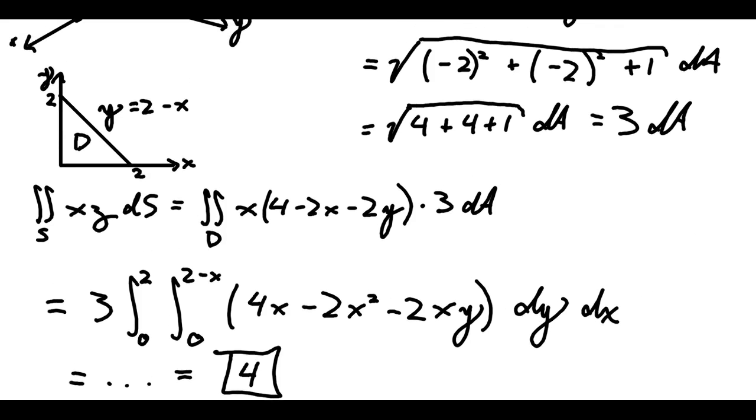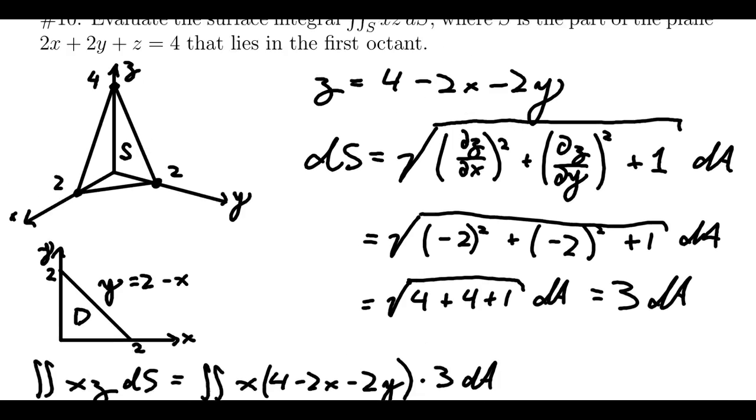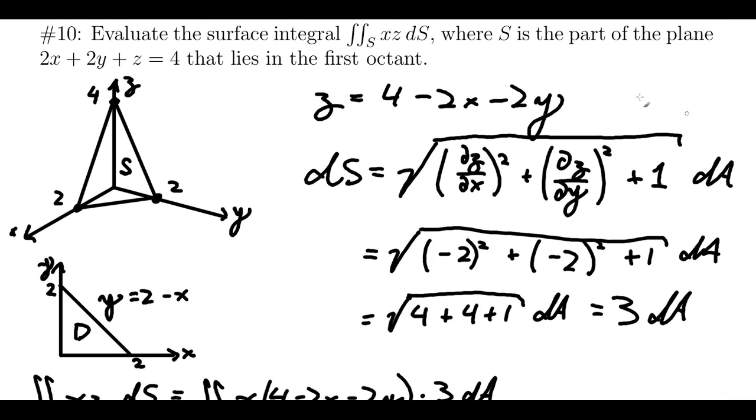So really, a surface integral problem is very much like a surface area problem from chapter 15, 15.5 I think was the section, except that you have another integrand here that you stick in, right?